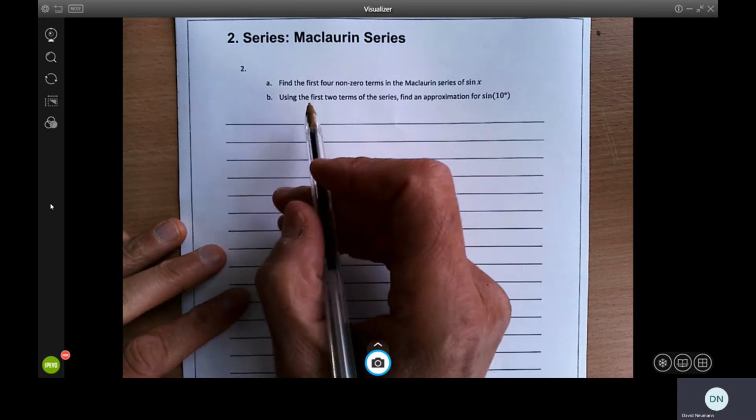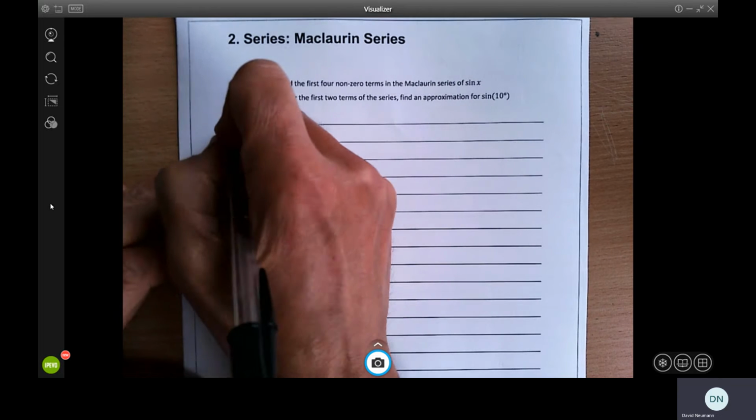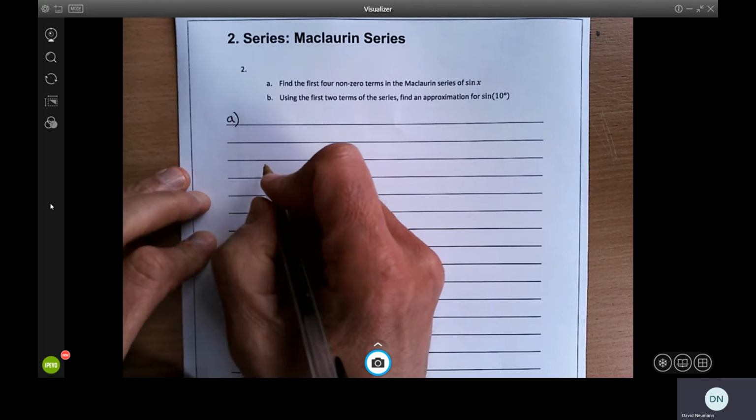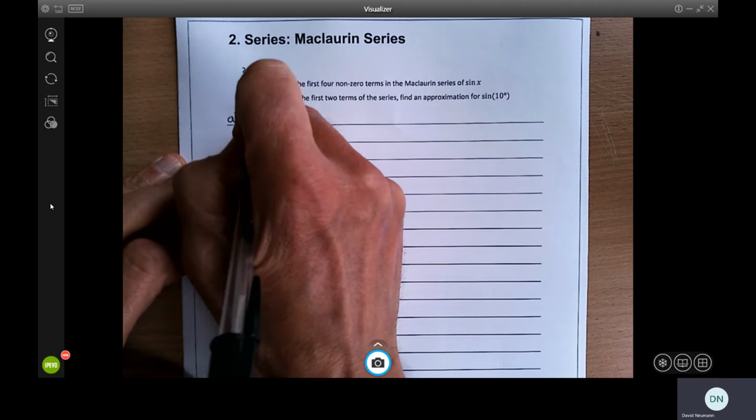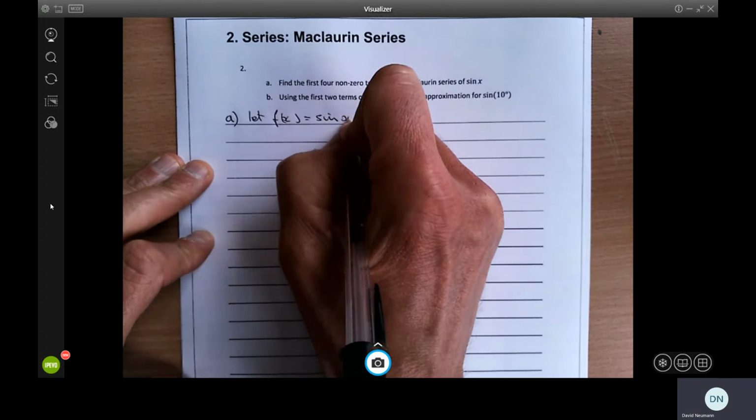So part A of this says find the first four non-zero terms in the Maclaurin series of sine of x. So what we need to do is start by looking at derivatives of sine of x. Let f(x) = sin x.